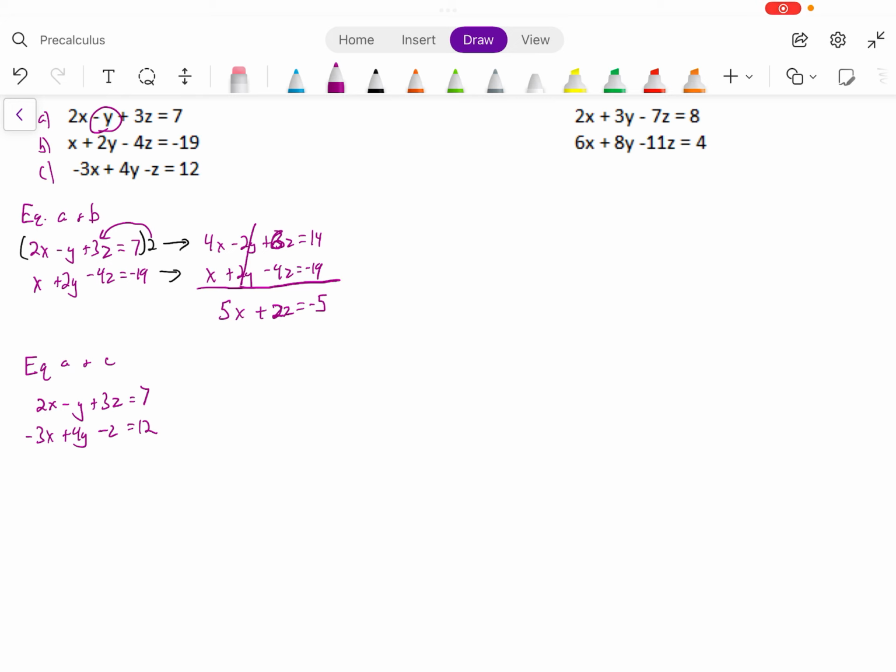All right, this time I'm going to multiply my top equation by 4. Make sure I remember to distribute the 4 to each term this time. So this is 8x minus 4y plus 12z equals 28. And the bottom equation we're keeping the same because we will be able to eliminate the y's.